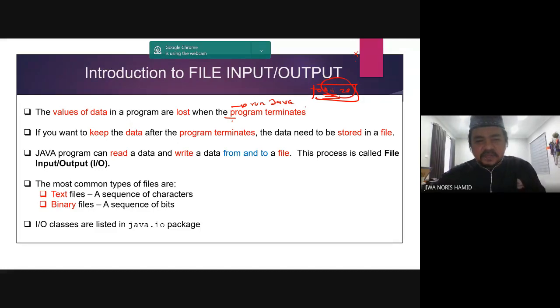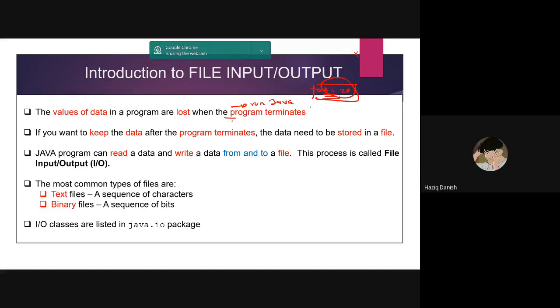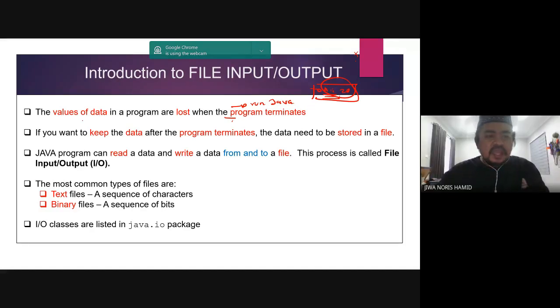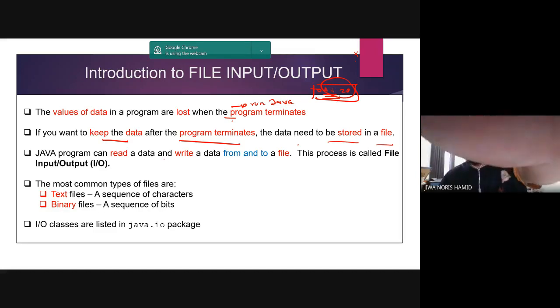Hilang. Betul tak? So far clear, class? Clear, sir. So, if you want to keep the data after the program terminates, the data needs to be stored in a file. That is why kita simpan di dalam file. A Java program can read data from and write data to a file. This process is called file input output.